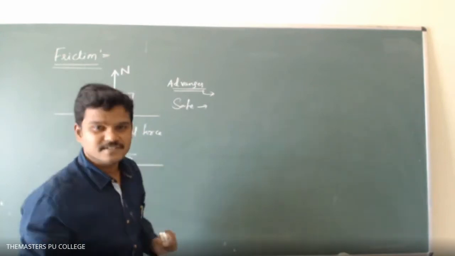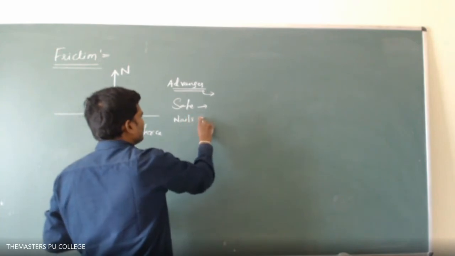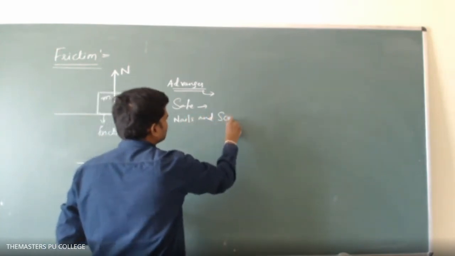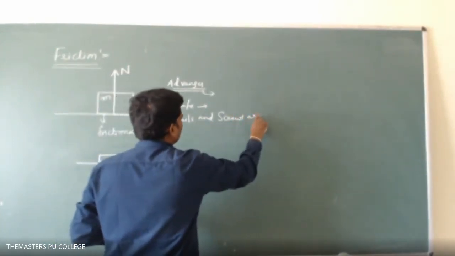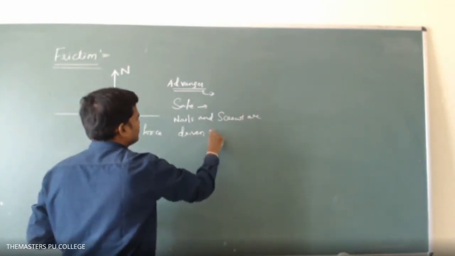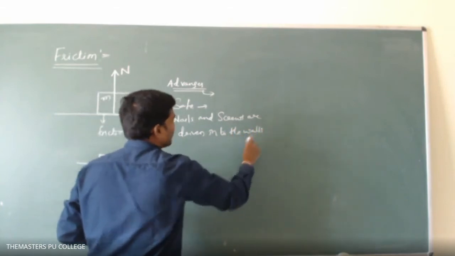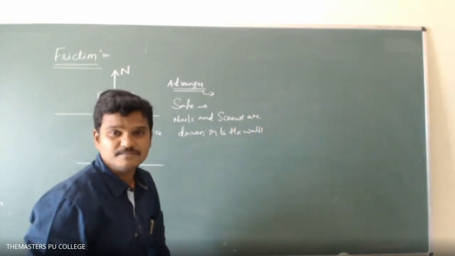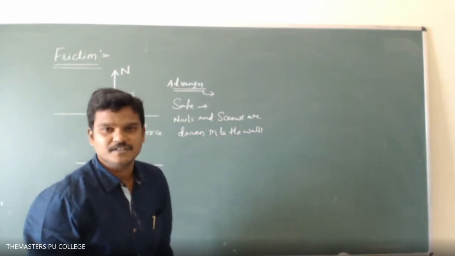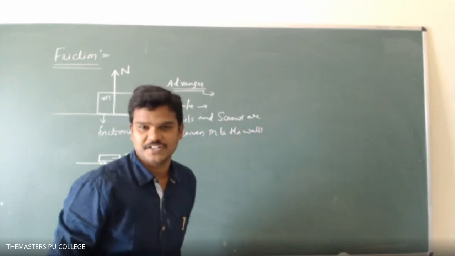In a simple way, we can say nails and screws are driven into the walls and wooden boards because of friction. So nails and screws we can drive into the wall because of friction.